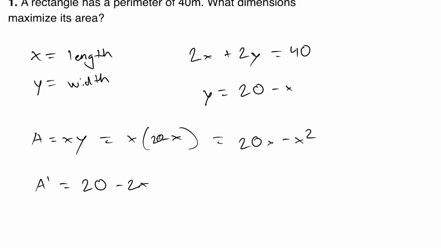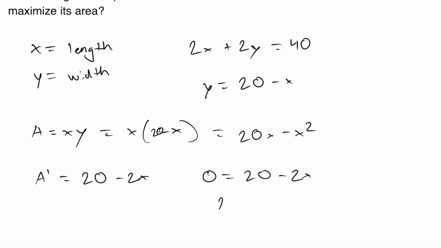and then we can set A prime to 0. So 0 is equal to 20 minus 2x. And when we isolate for x, we'll get 2x is equal to 20 and x is equal to 10.